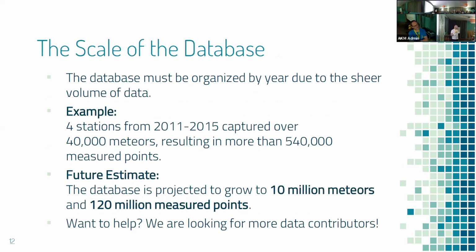The scale of the database. The database must be organized by year due to the sheer volume of data. For example, 4 stations from CEMENT captured over 40,000 meteors, resulting in more than 500,000 measured points. The future estimate is that this project will grow to 10 million meteors and 120 million measured points.